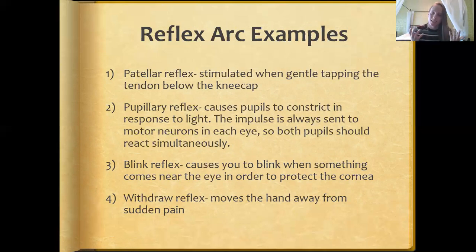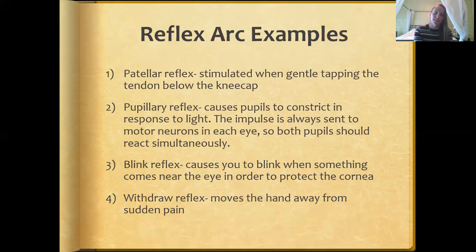So in order to protect those photoreceptors, the pupil will constrict. And even if the bright light is only shone in one eye, the impulse from the sensory receptors in the eye gets sent to the interneurons in your spinal cord and then back to the motor neurons in both eyes. And so both pupils will constrict at the same time.